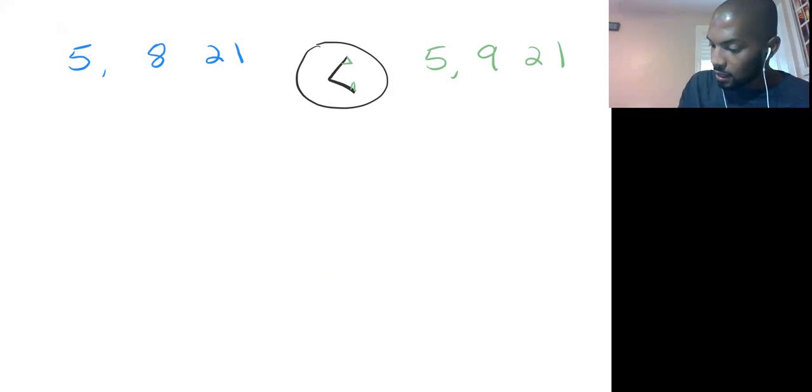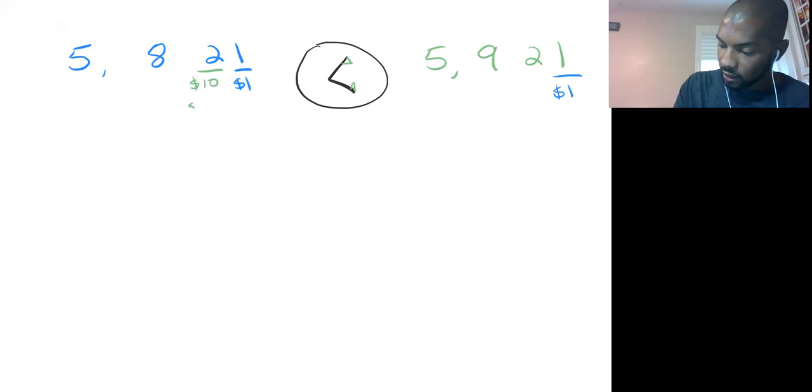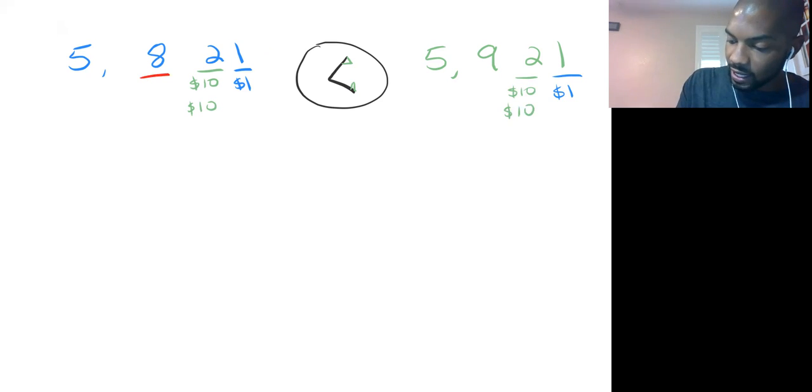Watch this. In 5,821, there is one $1. In 5,921, there's also just one $1. Let's move to the tens. This one has two tens. Well, this one also has two tens. Ah, but here's the difference. This one has 8 100s.